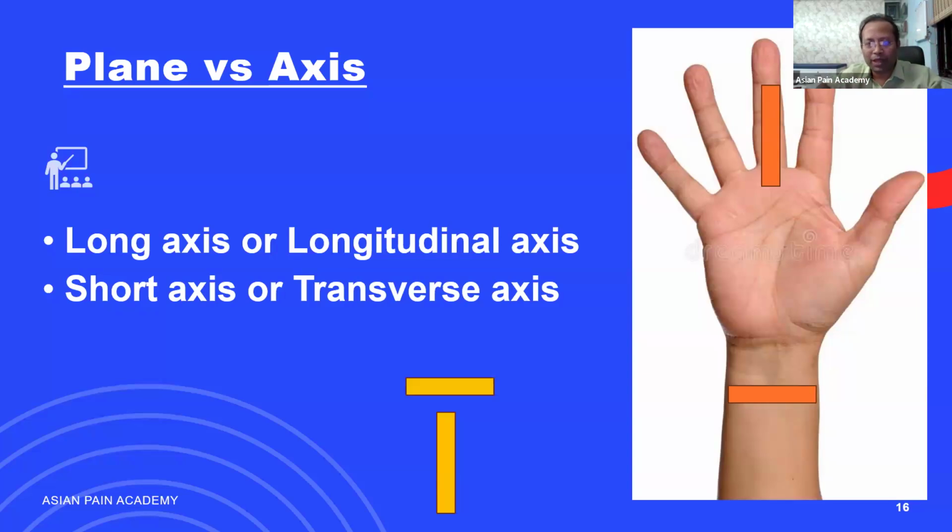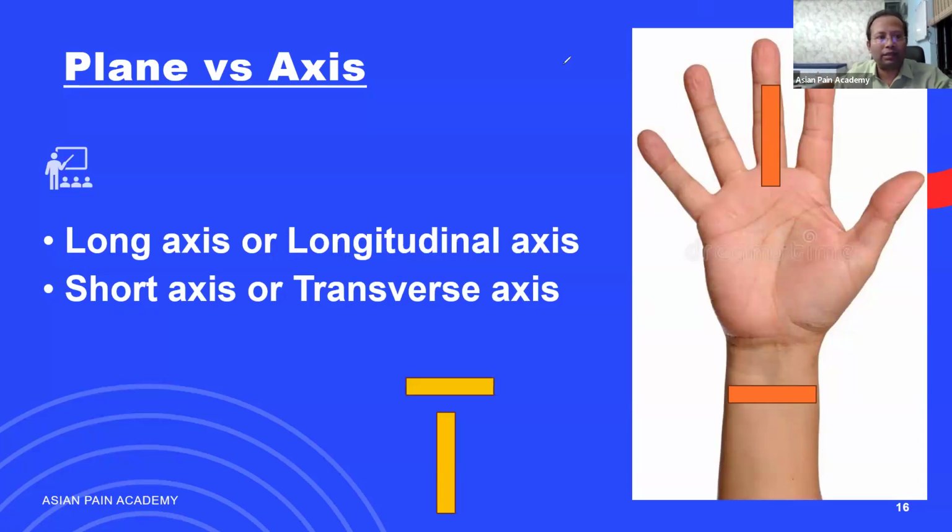Sagittal plane and axial plane, these are the two planes. But axis is related to a structure. Axis is related to a structure. You cannot say that sagittal plane. So this is a sagittal plane. Okay, so this is a sagittal.